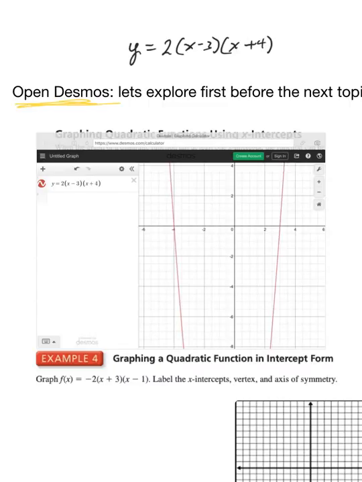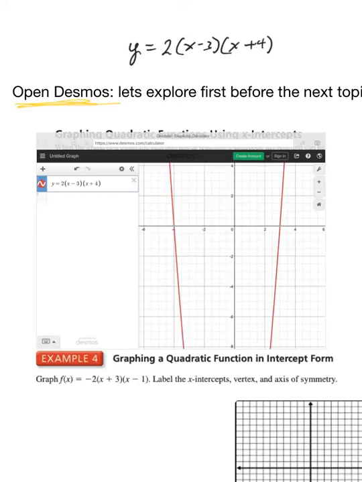It's crossing the x-axis at negative 4, sorry about that, and also at 3. So I want you to look up here at the original equation, and you'll notice that there's an x minus 3 here and an x plus 4 here. So that means that if it's in this form called the x-intercept form, the parabola has points on the x-axis of 3, kind of opposite world here, and negative 4.